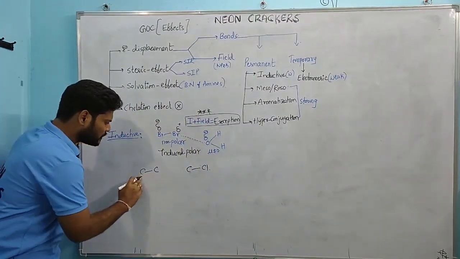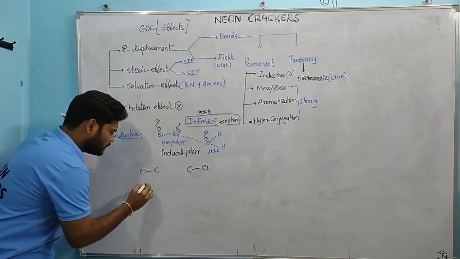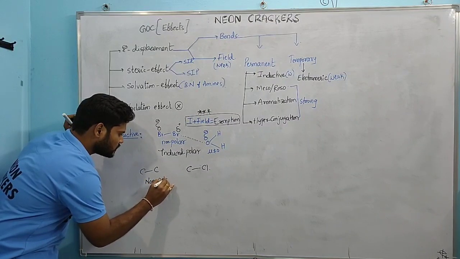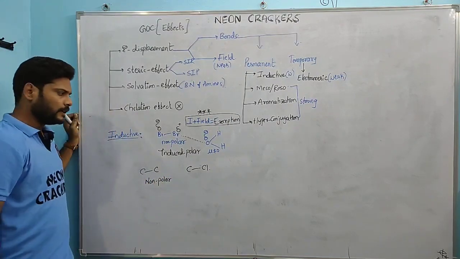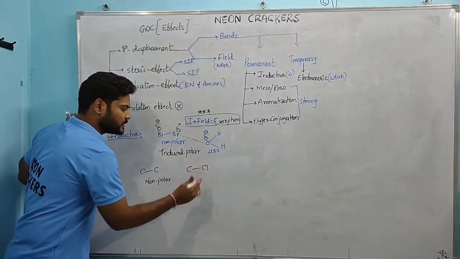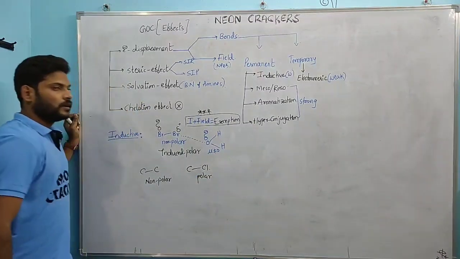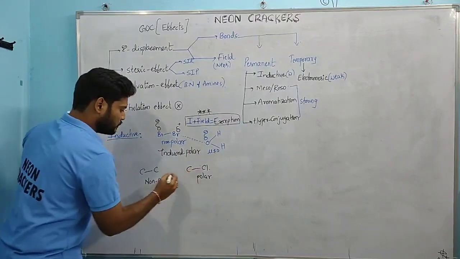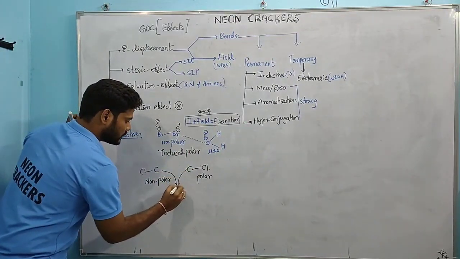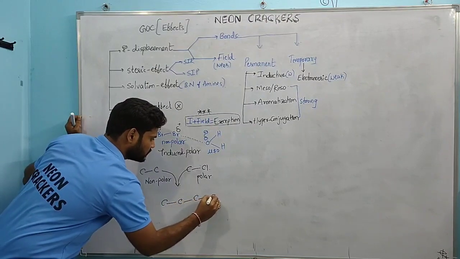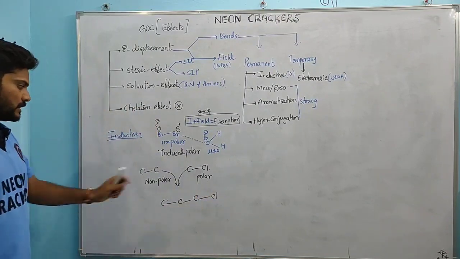Now here carbon-carbon, so the EN difference is 0. That's why it is non-polar. This bond is of course non-polar. Right? Now the C-Cl bond, the EN difference is there, so it is polar. Now in a single molecule, if we attach carbon and Cl, right? Is it clear? Check it.